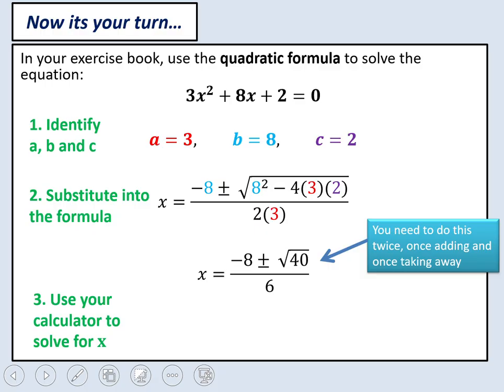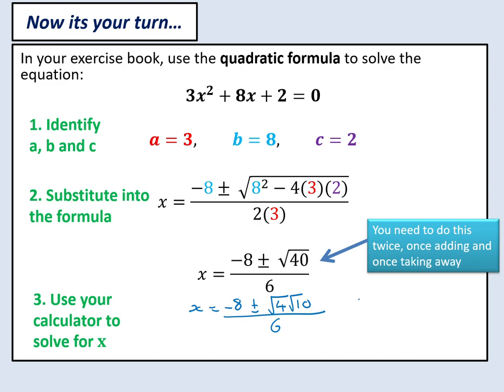Now we've got to this point, I'm just going to check if there's any numbers that I can simplify my surd, which is I can. 40 can be divided by 4 and 10. So I'm just going to rewrite it as square root 4, square root 10 over 6.